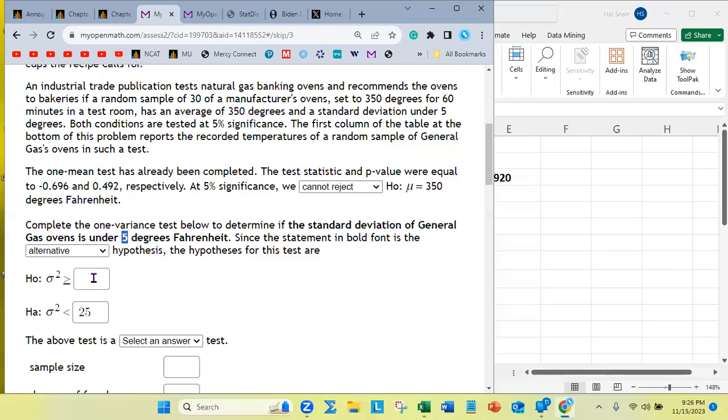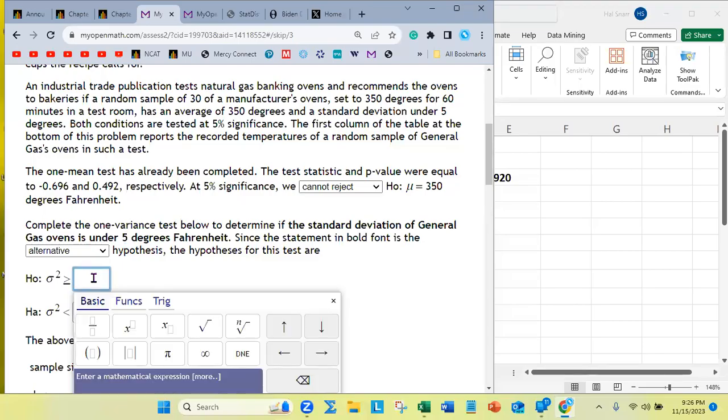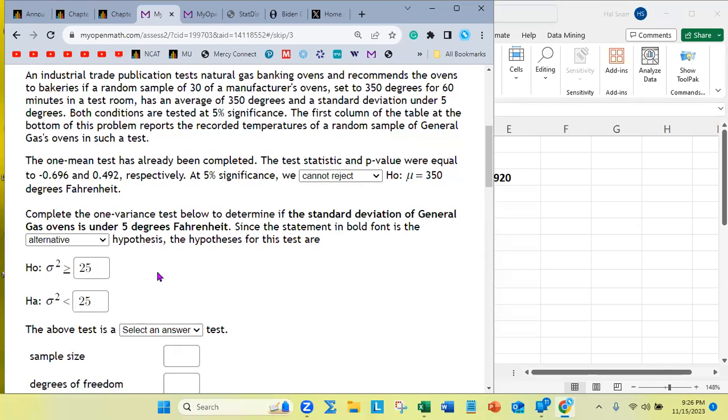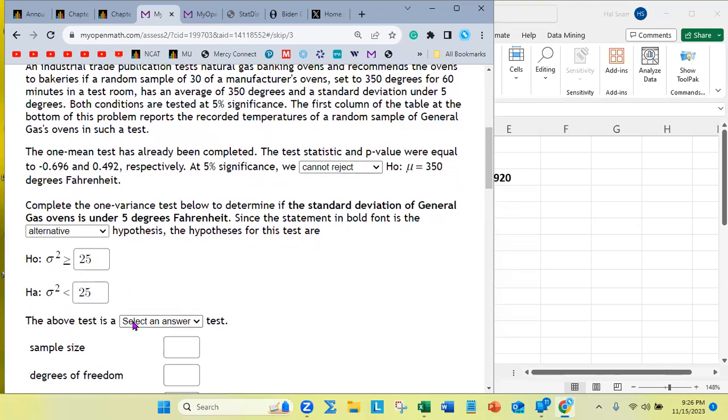And then the null hypothesis is the opposite, right? The opposite of sigma squared less than 25 is sigma squared greater than or equal to 25, and the null always includes the equal sign. Now this test is a lower-tailed test. It's a one-tailed test pointing to the left, so that's a lower-tailed test, right?